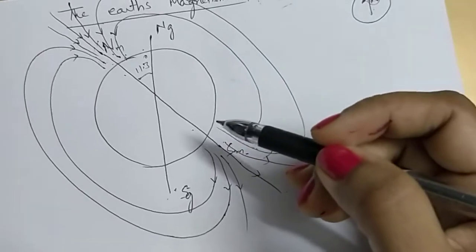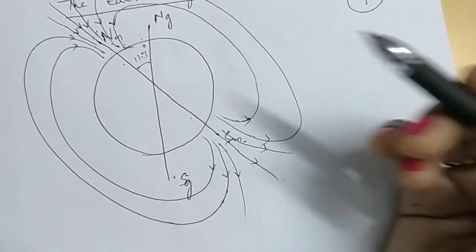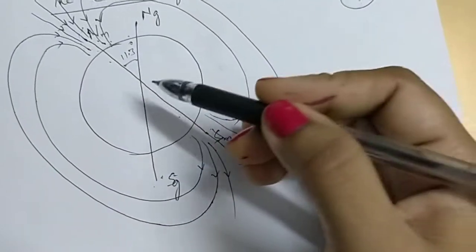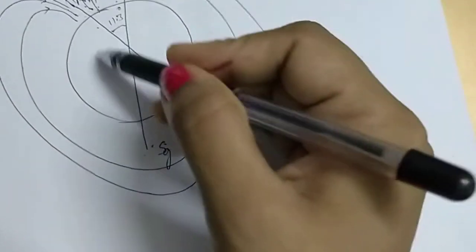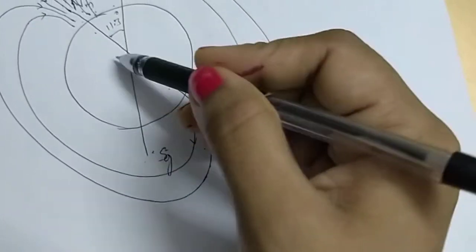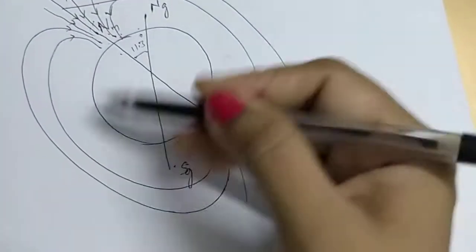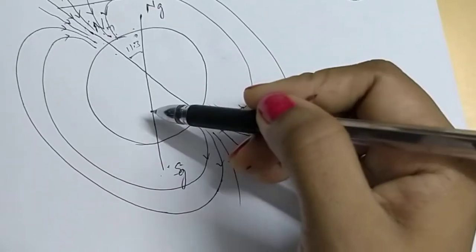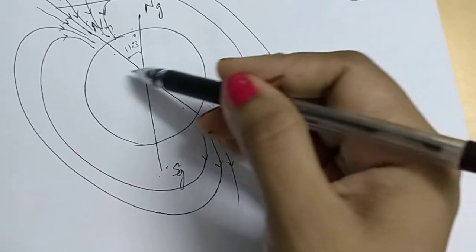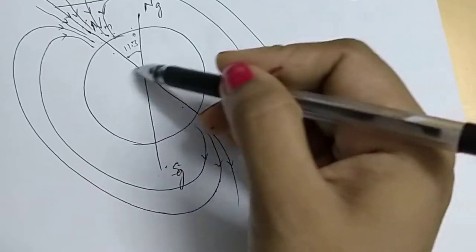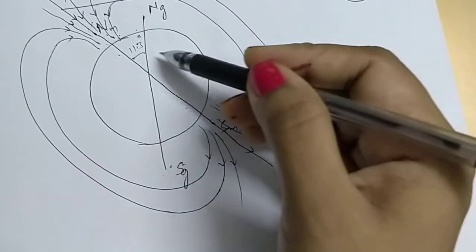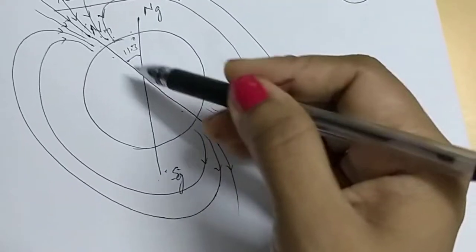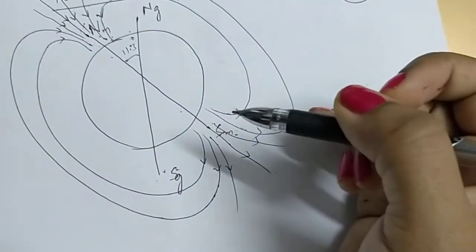One of the reasons given by some scientists is that the inner core is in a molten state, and as the Earth is moving on its own axis, the ions present in the molten state are also moving. So it is like a curl of current, when charge is moving in a circular way. So there is a loop of current, and if there is a loop of current, one side will be the North Pole and another side will be the South Pole.